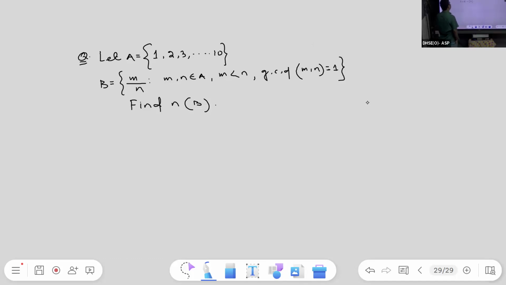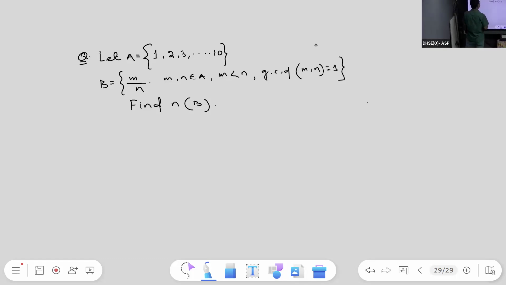Sir, is it 31? Yes, Pratisha, it is 31. You are from which higher secondary school, Pratisha? Right answer, 31 is the right answer.